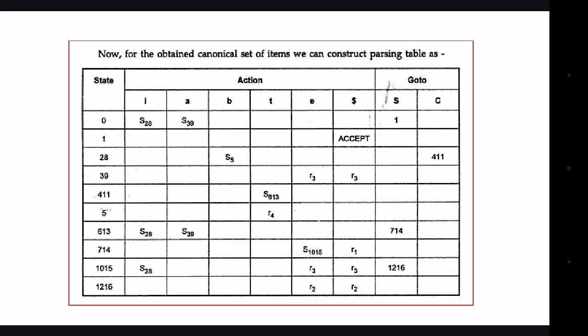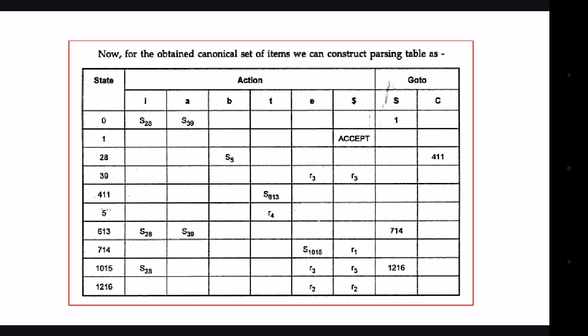Now for the obtained canonical set of items we are going to construct a parsing table. Here we can see the states 0, 1, 2, 8, 3, 9, 4, 11, 5, 6, 13, 7, 14, 10, 15, 12, 16. In the action table we have the terminals I, B, A, T, E, dollar, and the goto, which contains S and C, from which we have arrived so far.